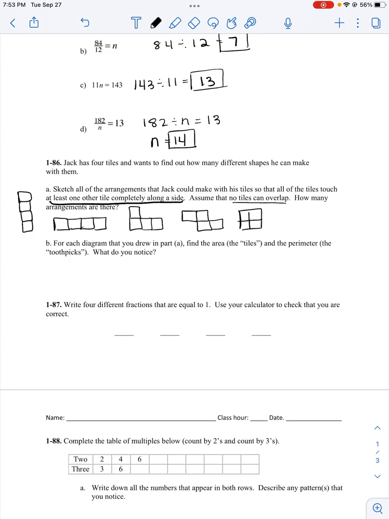So for part B, I need to find the area for the tiles and the perimeter, the toothpicks, and what did I notice about each of them. So for this first one, my area is 4, and my perimeter is 1, 2, 3, 4, 5, 6, 7, 8, 9, 10. For the second one, my area is 4. My perimeter is 10.